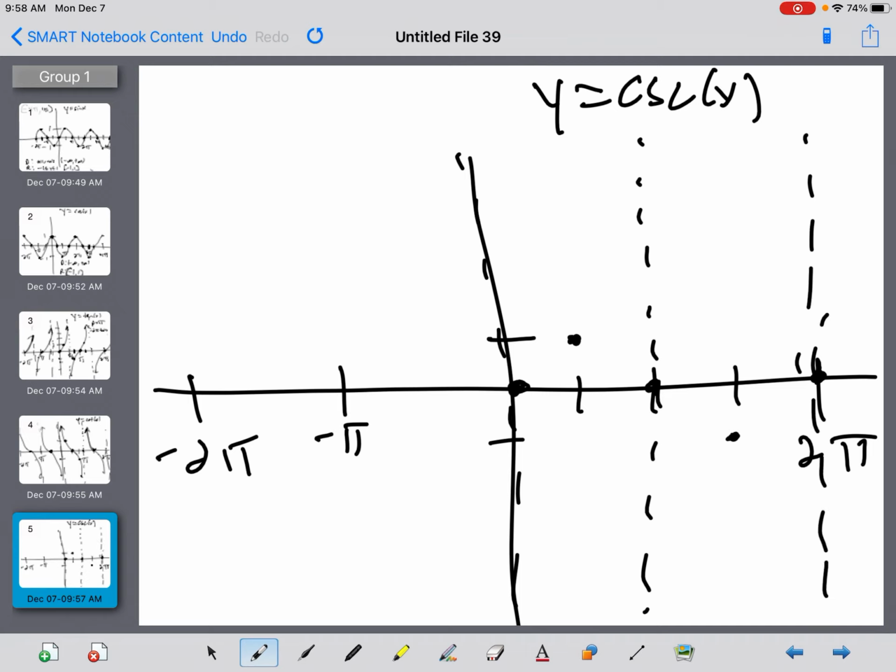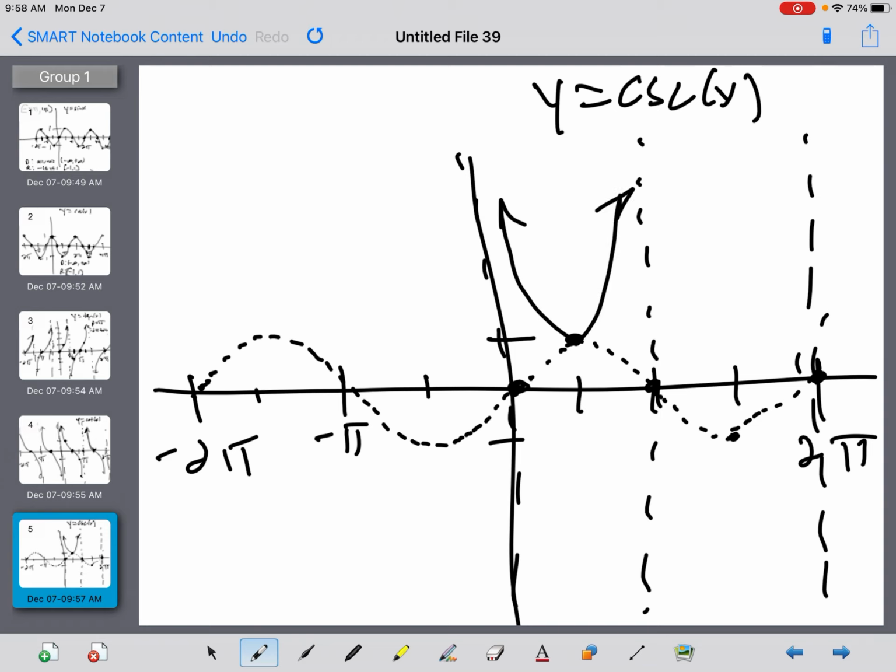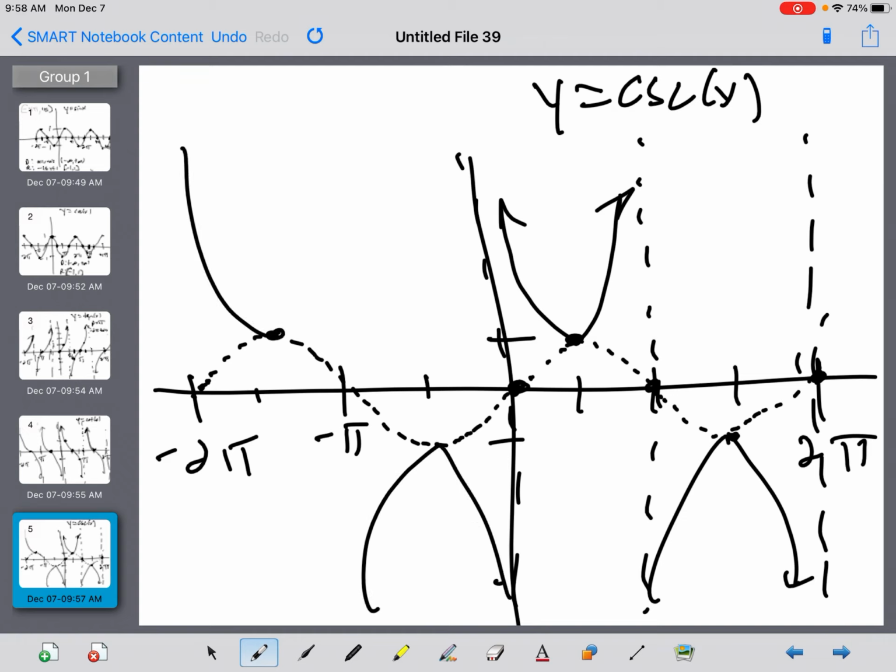Okay, so the reciprocal of 1 is 1. Okay, so sine normally, if I play the dot to dot game, it looks like this. And you do it over here, same thing, dot to dot game. So now your cosecant graph is going to be like this and like this, and again, asymptote, asymptote.